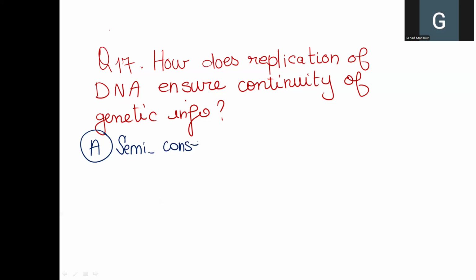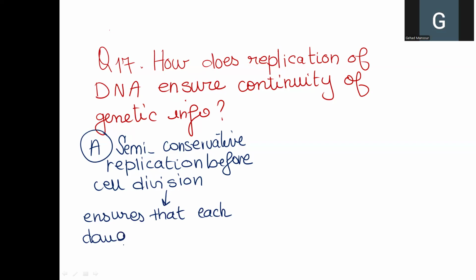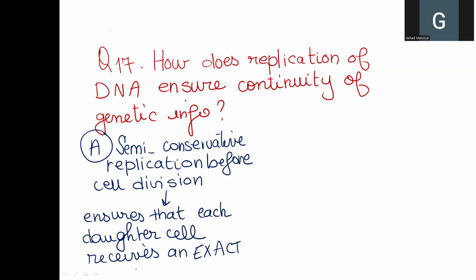It ensures that each daughter cell will receive an exact copy of genetic information, because during semi-conservative replication, two copies are formed out of the original molecule of DNA. The word exact here is very important.